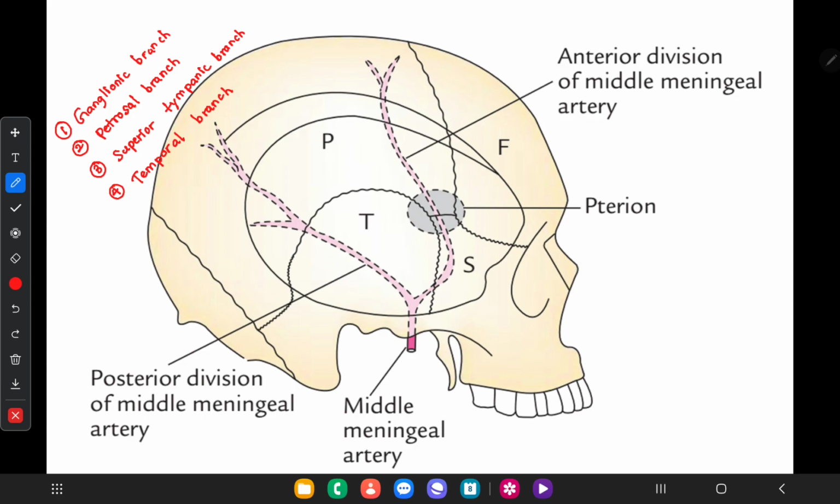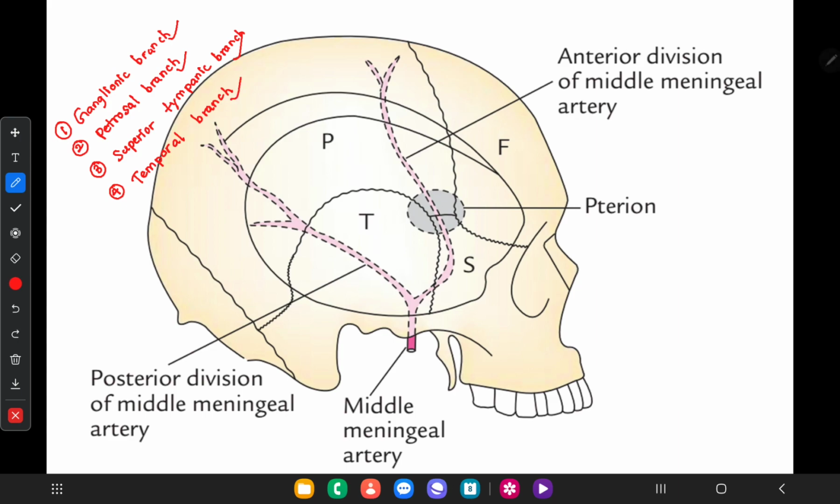Those are the minor branches. The ganglionic branch supplies the trigeminal ganglion. Then you have the petrosal branch, which passes through the greater petrosal hiatus to enter the petrous temporal bone and supplies the facial nerve geniculate ganglion and the middle ear. Then you have the superior tympanic branch, which enters the middle ear along the canal for the tensor tympani muscle.